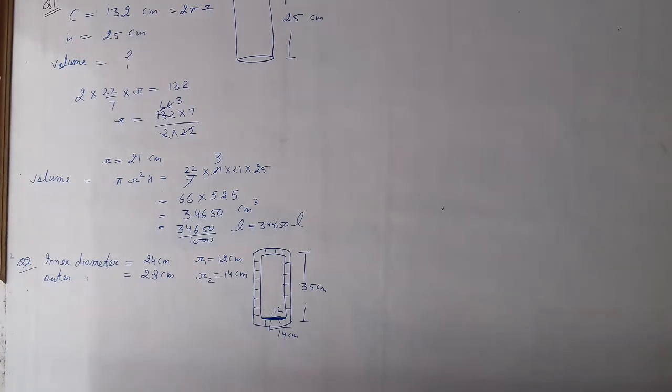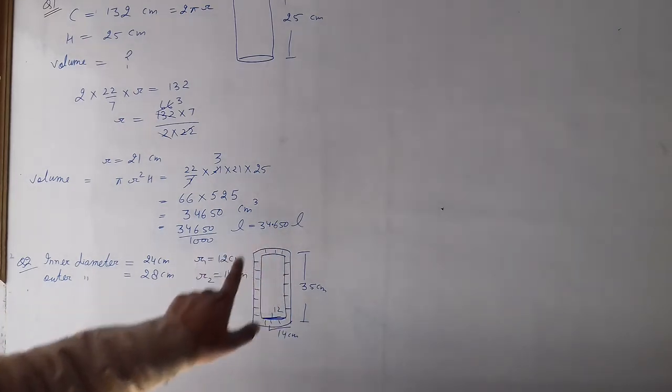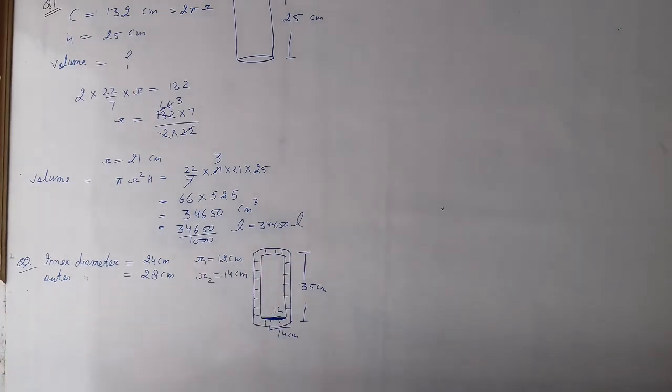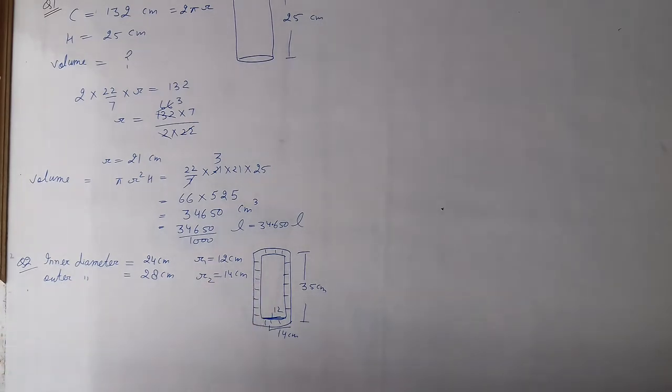Okay students, so for getting how much material is required, we have to find the volume of this pipe, right? So volume means हमें केवल चाहिए shaded part का. So for getting the volume of shaded part, we have to subtract the inner volume from the outer volume.